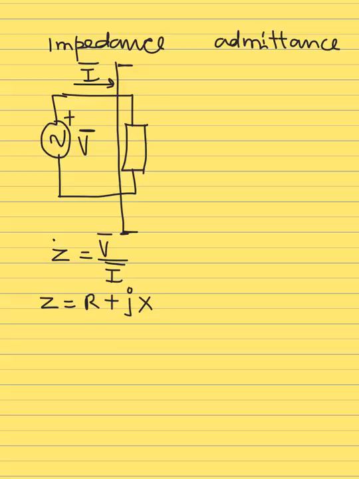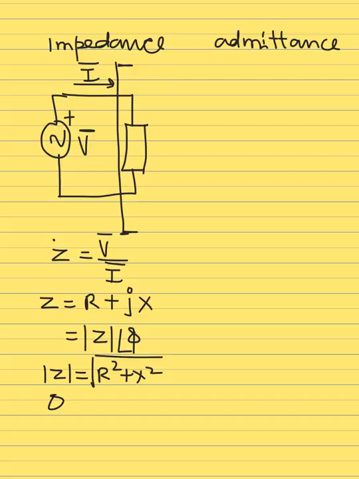Or you can also have it as an amplitude and an angle of phi, where the amplitude is given by the square root of R squared plus X squared, and the angle phi is given by tangent inverse of X over R. Okay, so that's your impedance.